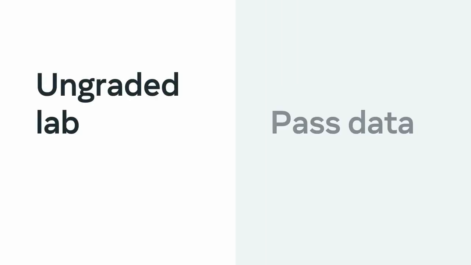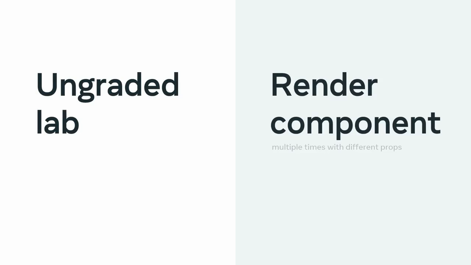The third lesson was about component use and styling. You learned how to pass data from one component to another using properties, and your ability to do so was tested in the ungraded lab. And in the other ungraded lab, you learned how to render one component multiple times using different props. You also learned more about how to use JSX and its embedded expressions, and how to style JSX elements in a way that is functional and looks good.